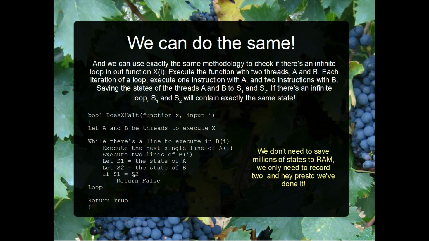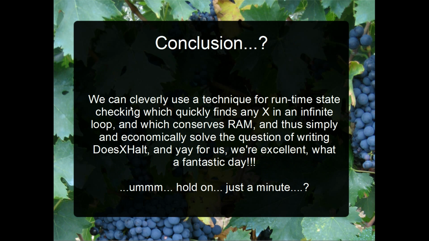But if S1 ever equals S2, so if those 2 states ever have exactly the same data, then we know that X is doomed to an infinite loop, and return false: X doesn't halt. Otherwise, if B eventually gets to the end of its code, then return true. There you go, and we don't need to save millions of states to RAM, we only need to record 2. And hey presto, we've done it.